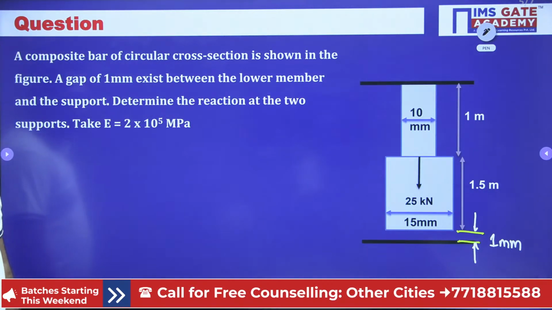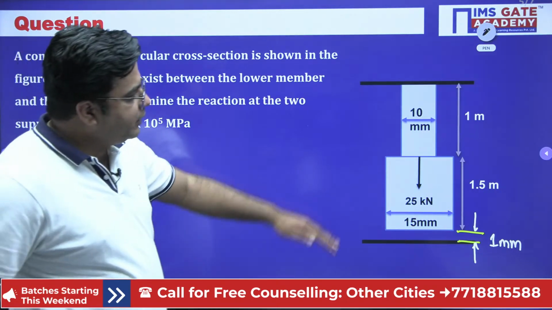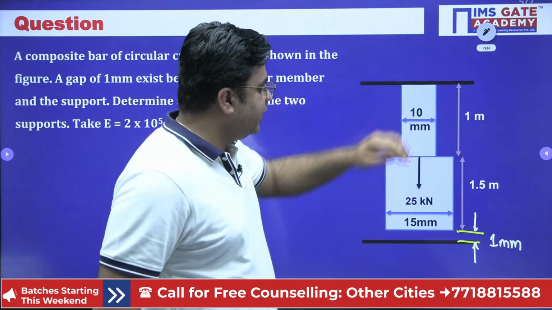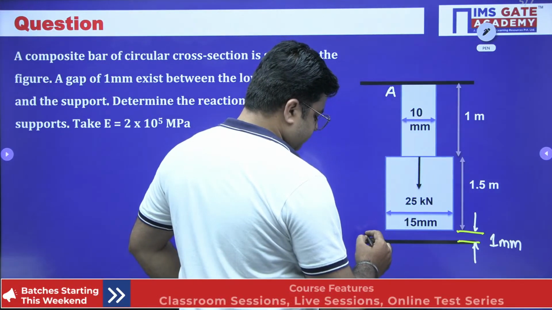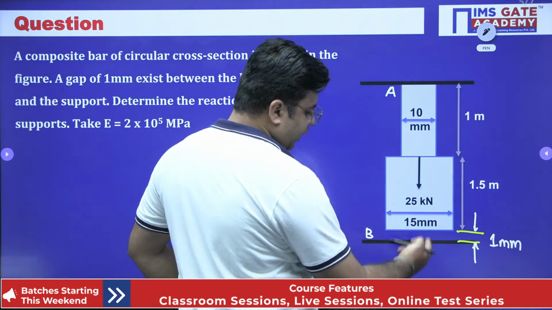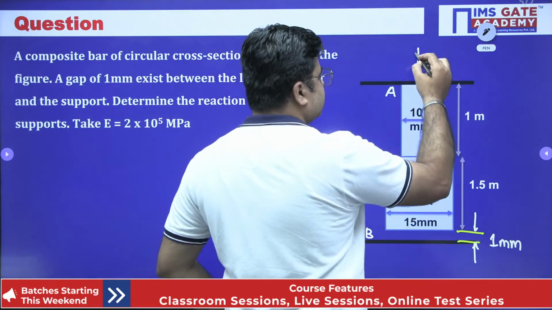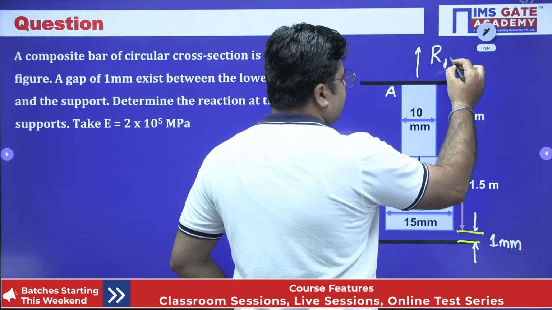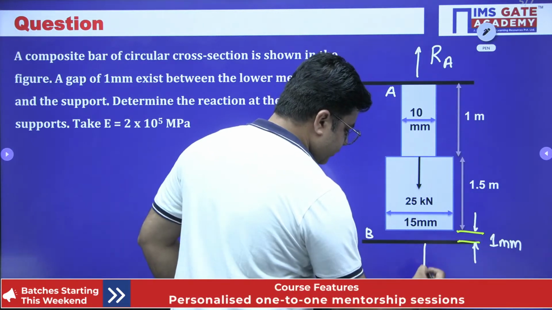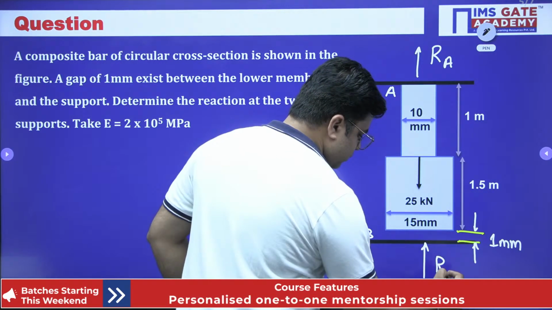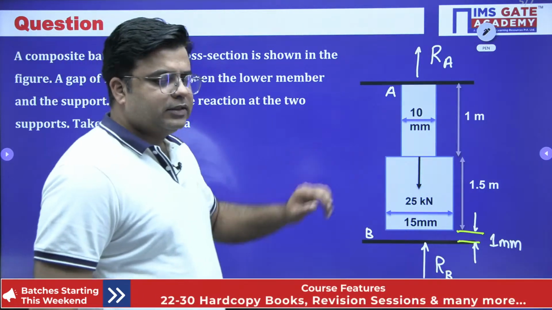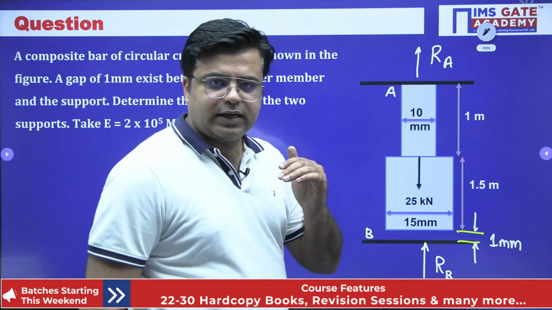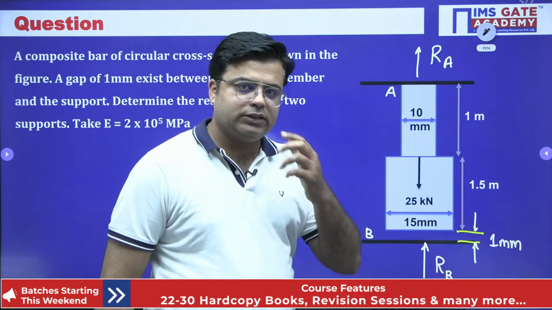Now what you have to do is calculate the support reactions at point A and at point B. You need to calculate RA and RB, right? Understand this question first, how the reactions will develop.